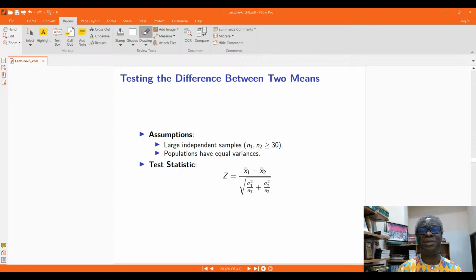Now we are going to look at how we test the difference between two population means.